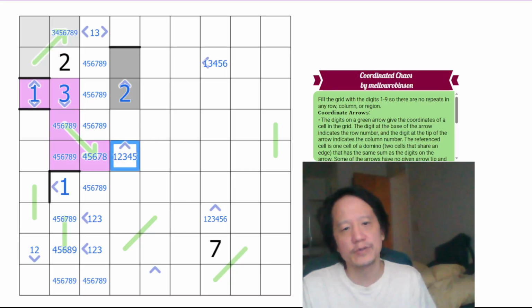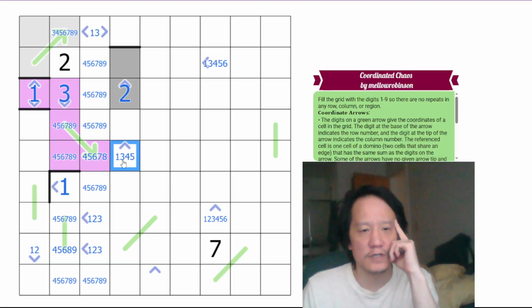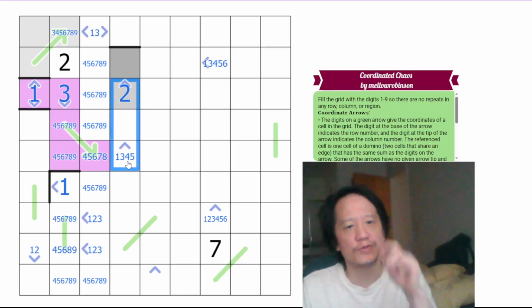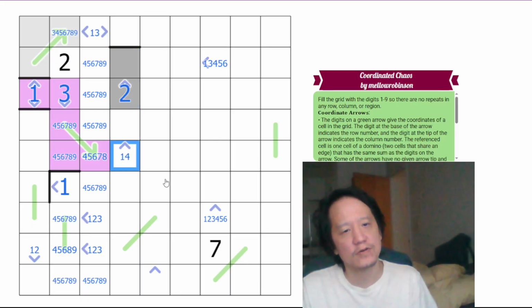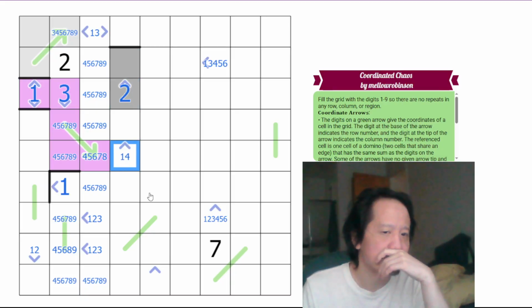This could not be 2. So this is either 1, it can never be 3, it can never be 5. So it'd be 1 or 4 going that way.